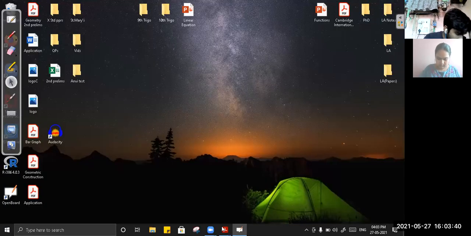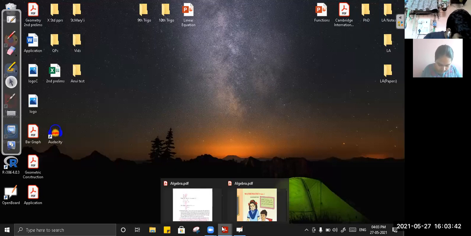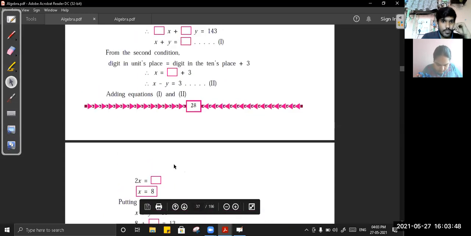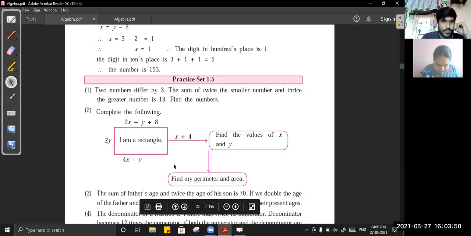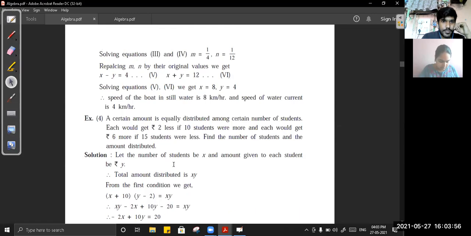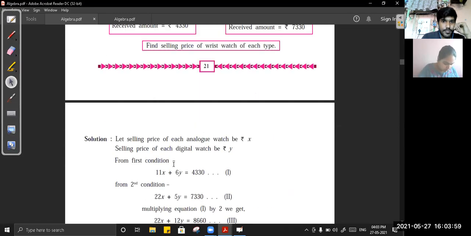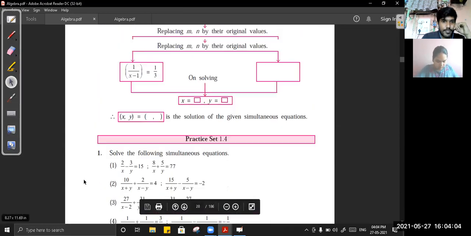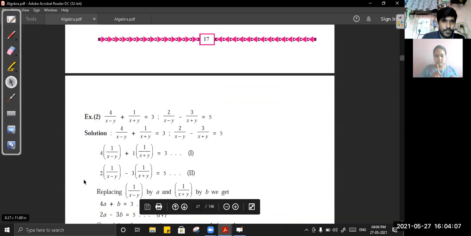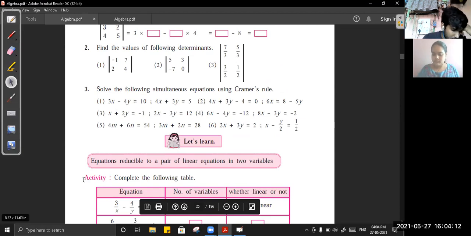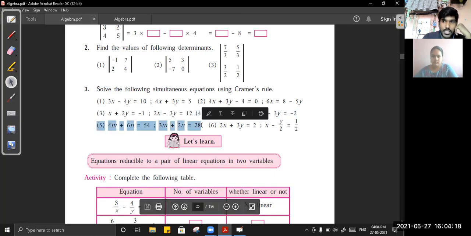Now you have written sum number 5. Okay, so see, this is sum number 5. You have copied the question incorrectly.